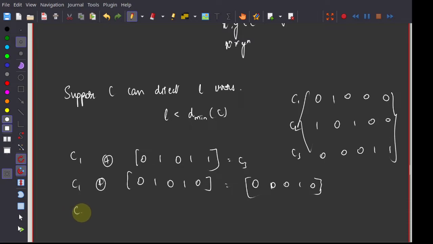Now, what if I take C2 plus, say, 0, take C3 plus 0 0.